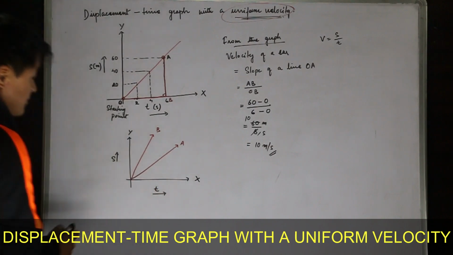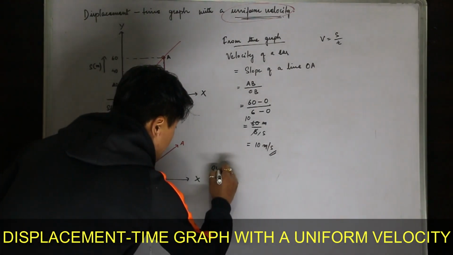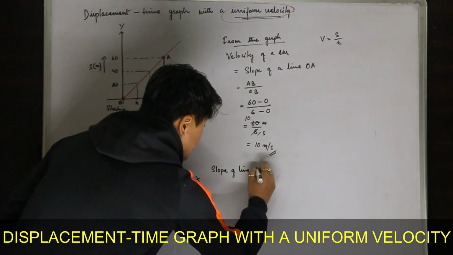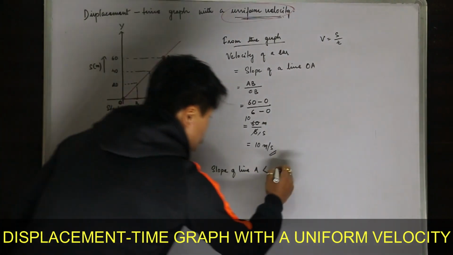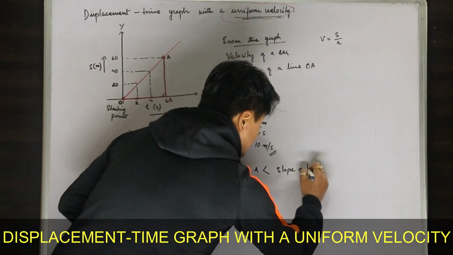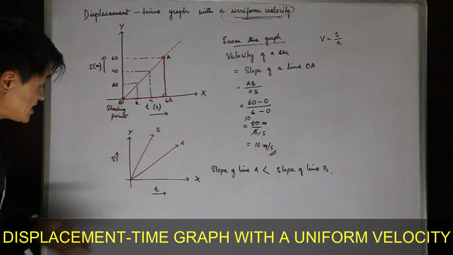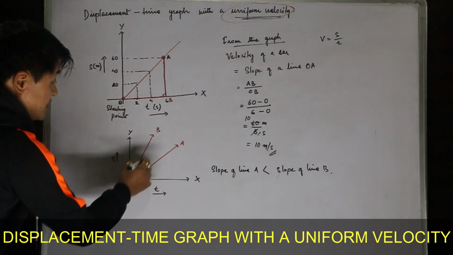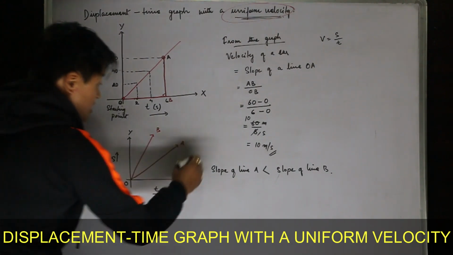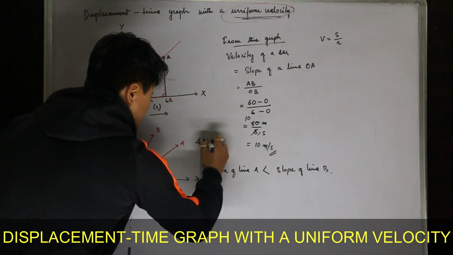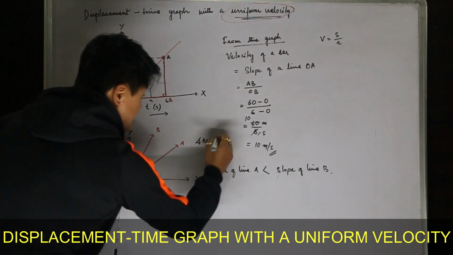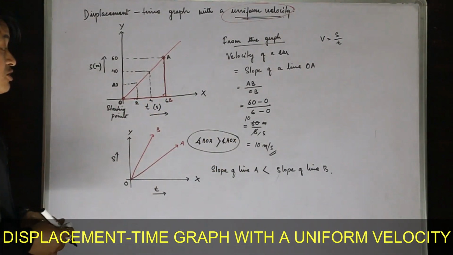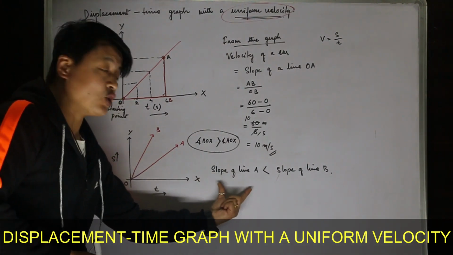If you see the graph, we can see here the slope of line A is less than the slope of line B. From here we can clearly see that the angle AOX is less than the angle BOX, or angle BOX is greater than angle AOX. From this angle we will know which slope is more.